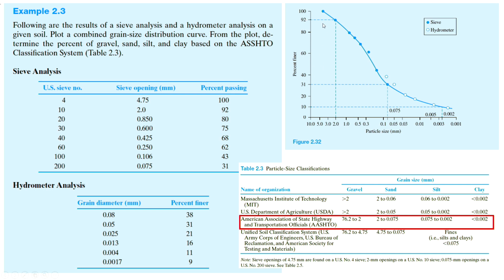Higher than 2 millimeters is this part, the percentage of the gravel particles. So the percentage for gravel is 100 minus 92, which equals 8%.